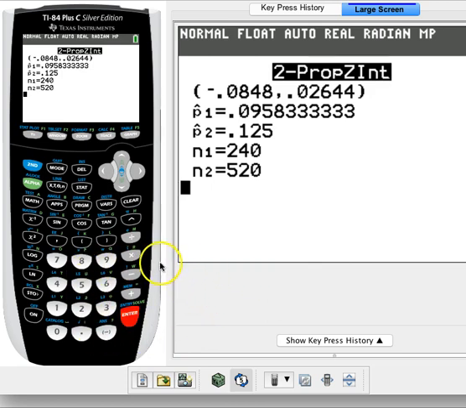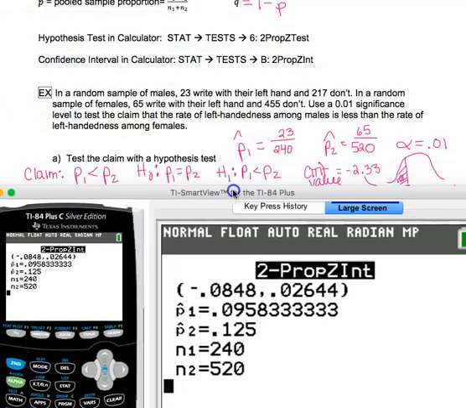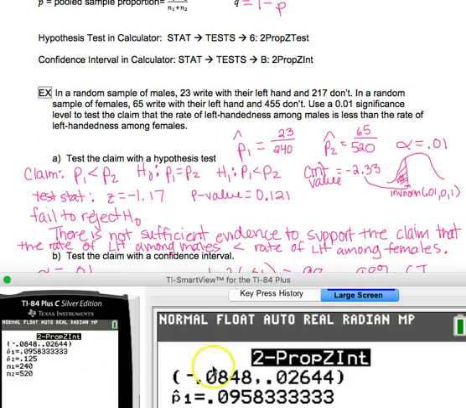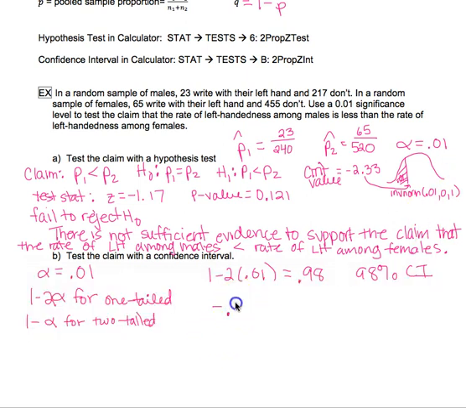So on here, I have my values, which I'm going to write. Now what goes in the middle is important, and this is going to be different because we've never used two proportions before. So I'm going to scroll this here. When I write my boundaries, I had negative 0.0848. What goes in the middle is the difference between the two proportions.